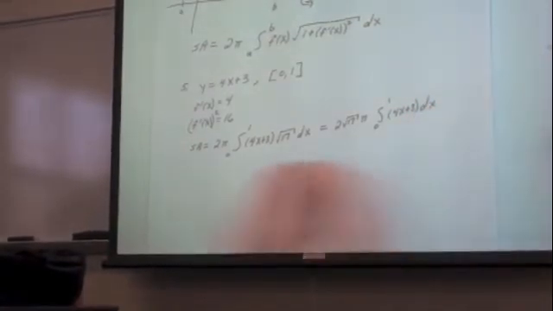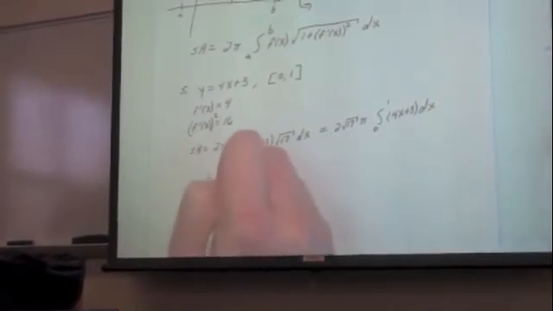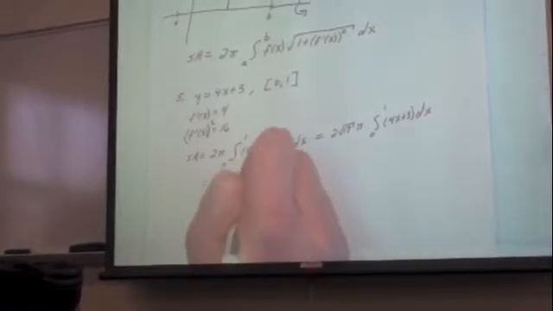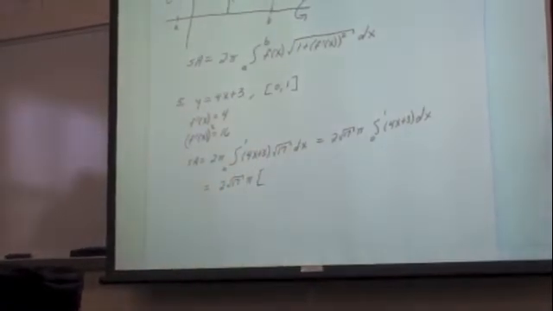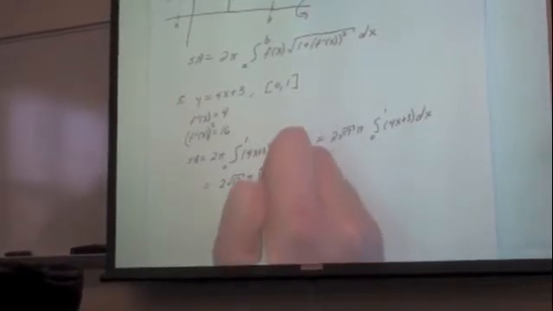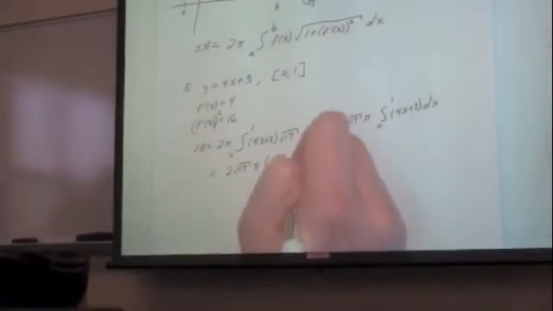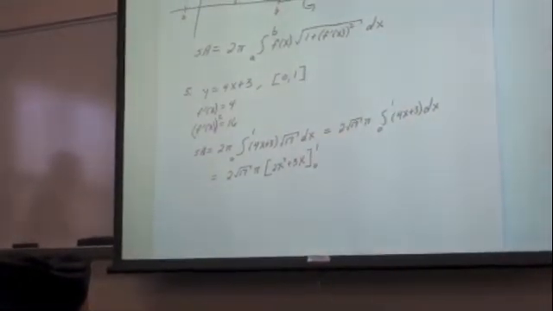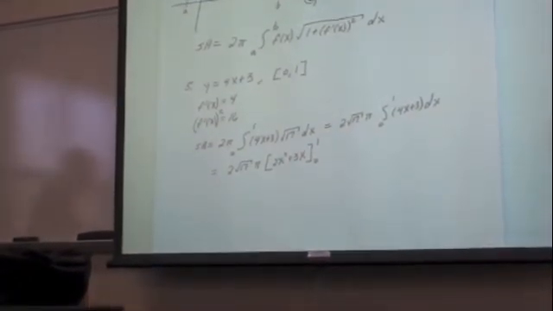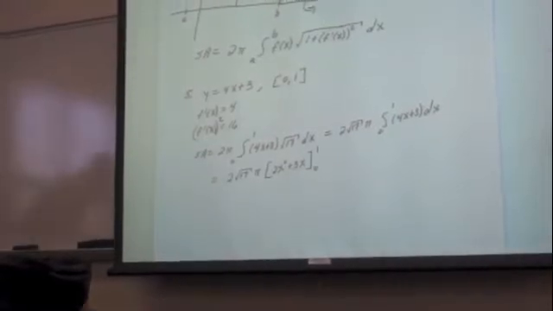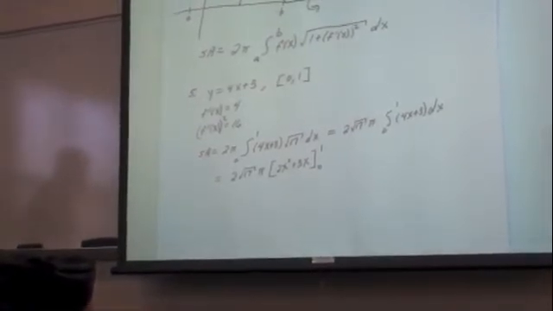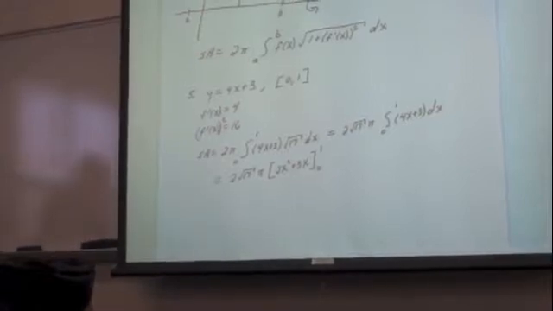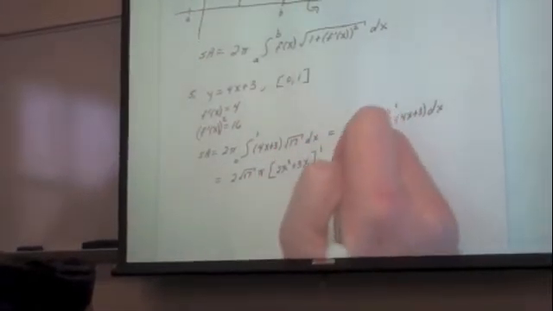Which then we know is just going to be 2 on the root of 17 pi times the group 4x squared over 2, 2x squared, plus 3x evaluated from 0 to 1. When we evaluate this polynomial at 0, we get 0. When we evaluate it at 1, we get 2 plus 3, 5. So that'll be 5 times this group.